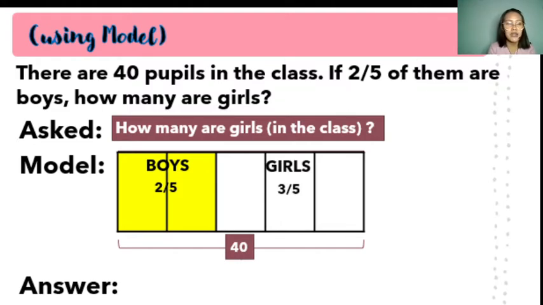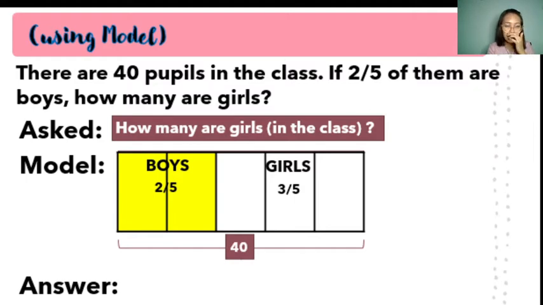Fractional part siya. Pero ang hinahanap natin is the total number or yung actual number of girls, not the parts or not the fractional part. So, paano po natin siya kukunin? All you have to do is to divide 40 by 5 since yung isang buo natin ay hinati natin sa 5 para makuha natin yung number of pupils na nasa bawat parte.